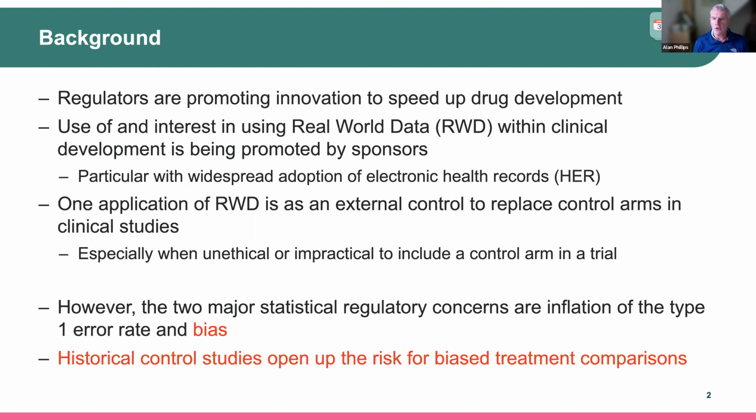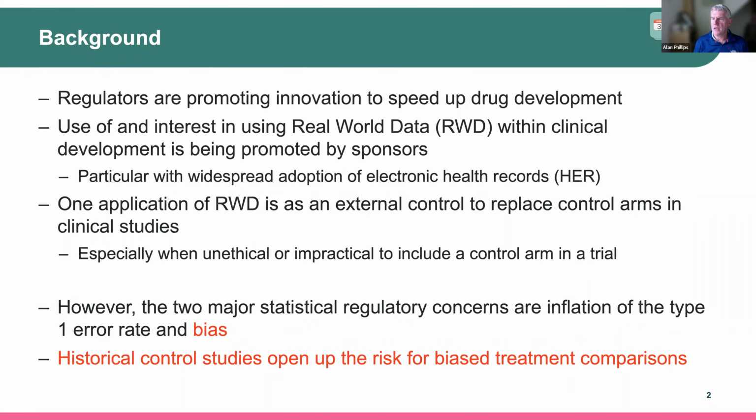So historical controls. For me as a statistician, there are really two major issues that I face when consulting about historical controls. The first one is the inflation of the type 1 error, and I'm going to assume most people are familiar with that. That's about claiming a positive falsely.